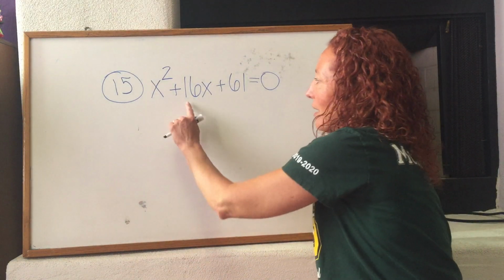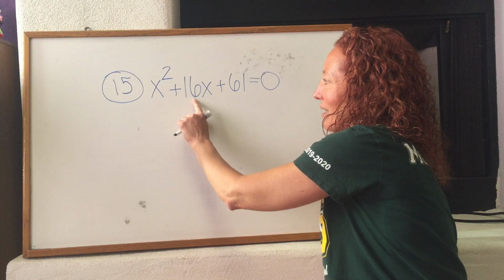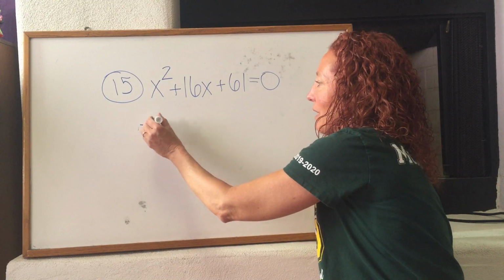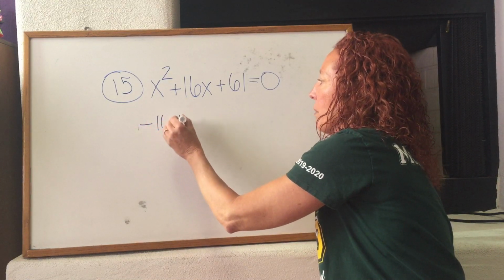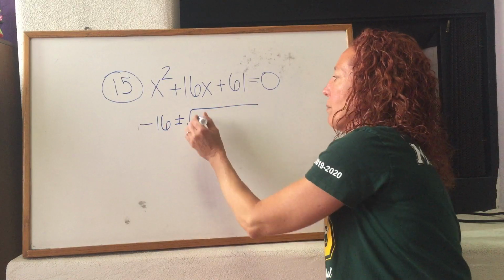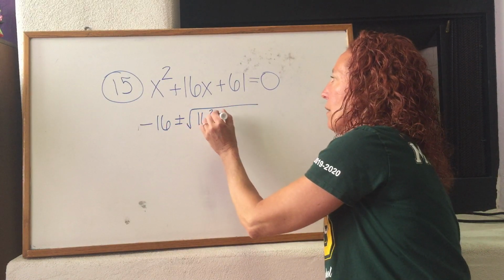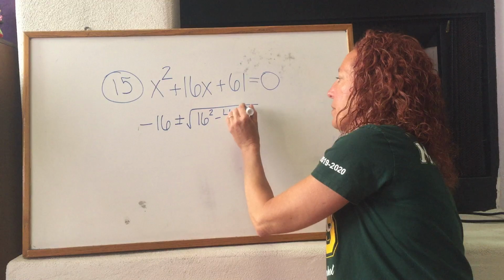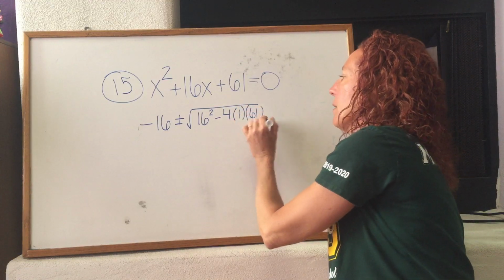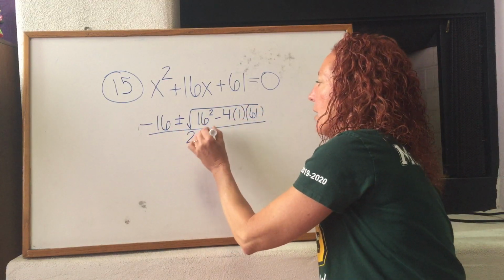So our quadratic formula starts with negative b. Since this is a positive 16, we're going to get negative 16 plus or minus the square root of b squared minus 4 times a times c, all over 2a.